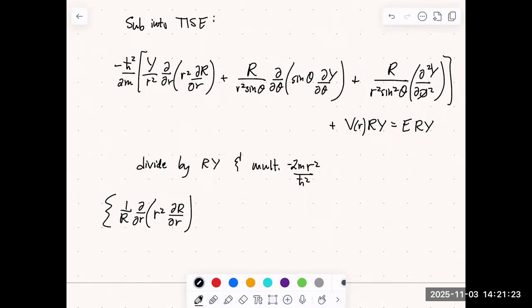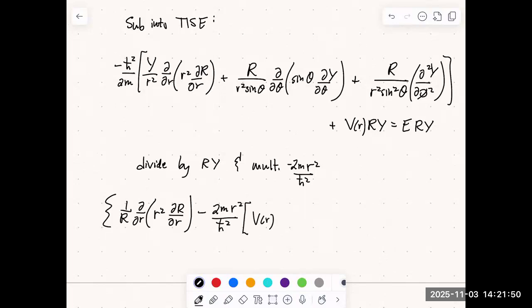I want to see if there's other stuff that's going to involve r. I divided by R times Y here, so we get a V of r here. But we have to remember that we had this 2m over h bar squared factor, so we end up with minus 2m r squared over h bar squared. And then we have V of r.